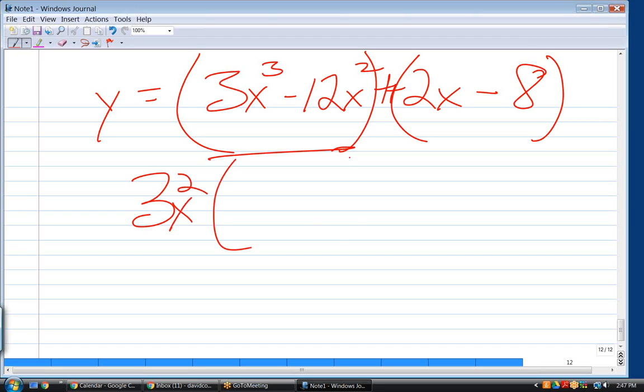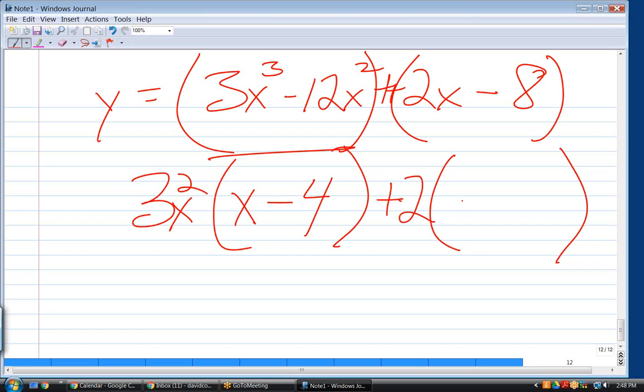Leaving x minus 4. What's the greatest common factor over here? 2. Leaving x minus 4.